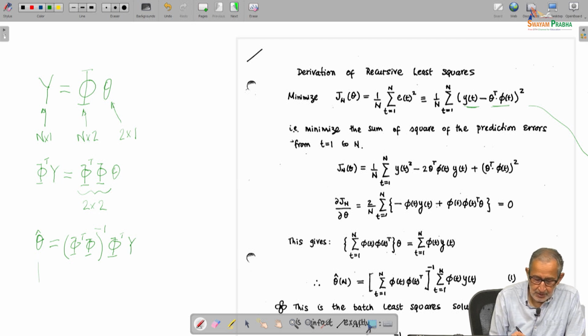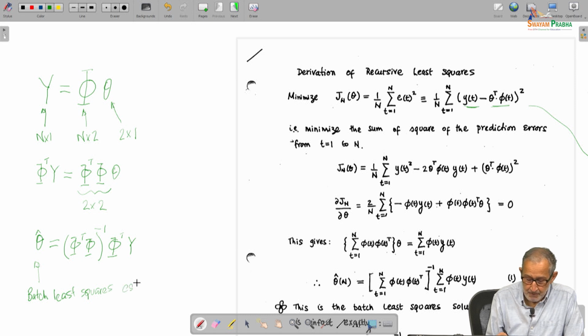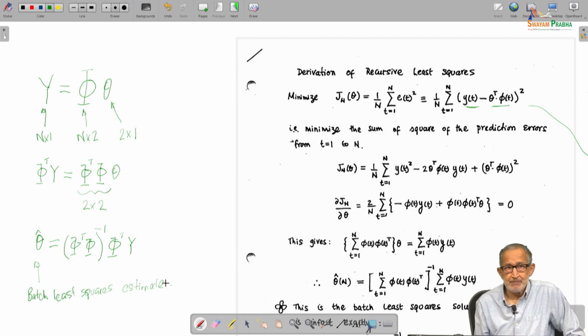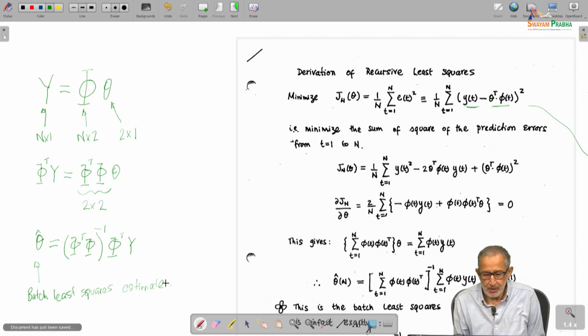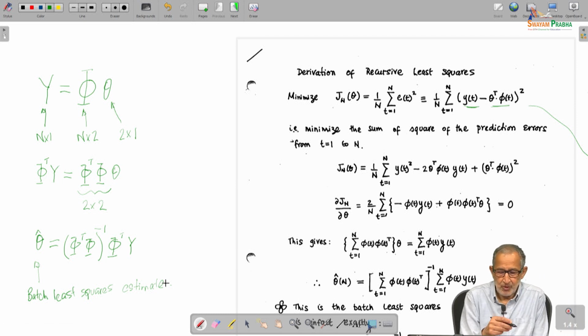So this is what we call a batch least squares estimate. So be aware of all of this.